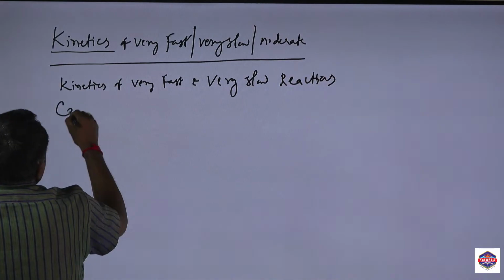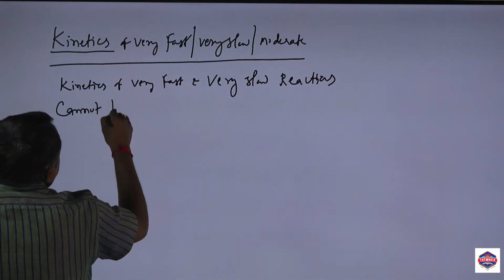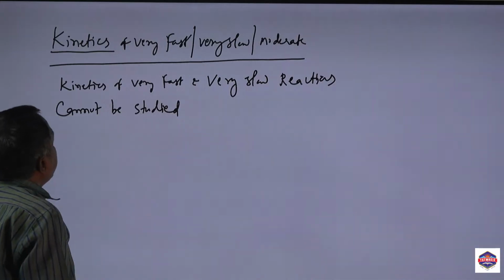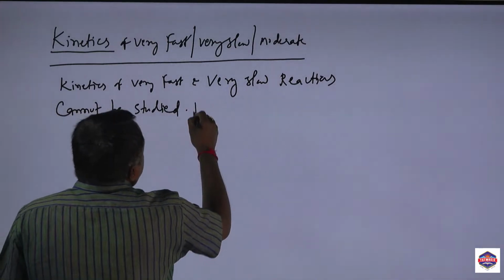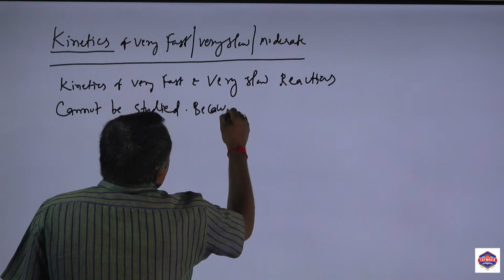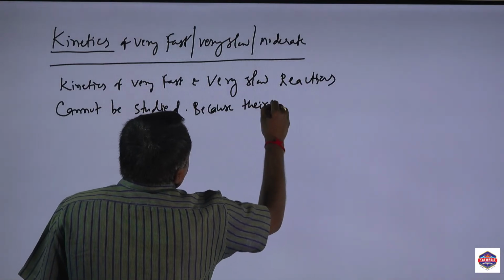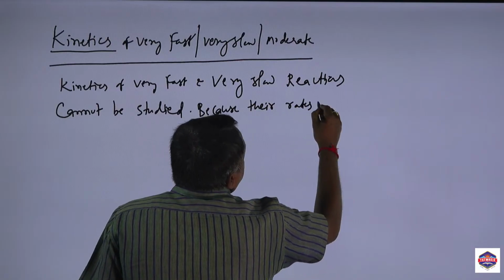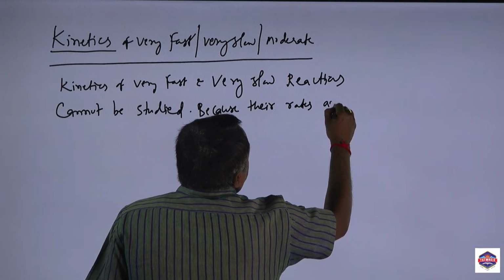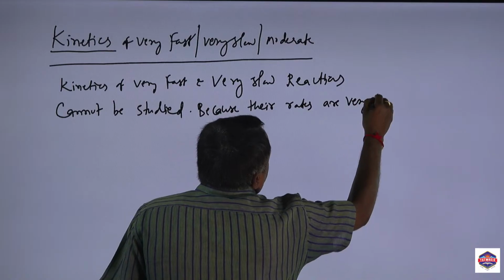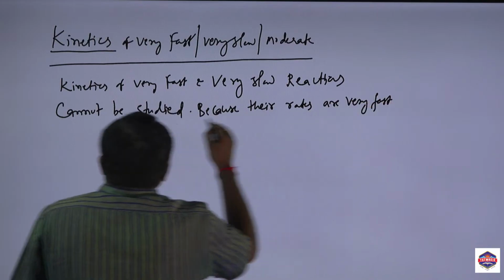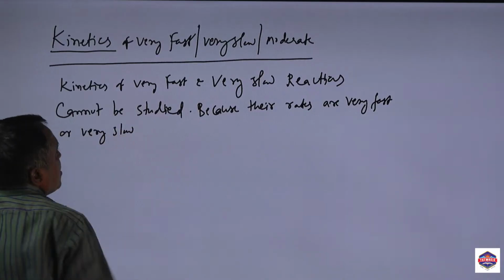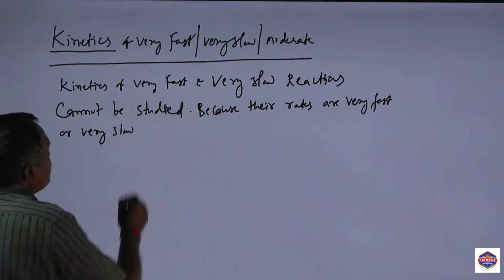Why they cannot be studied means because their rates are very fast or very slow.